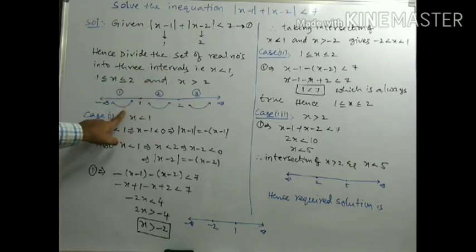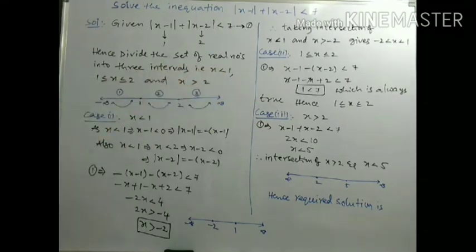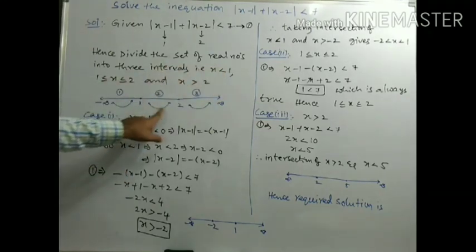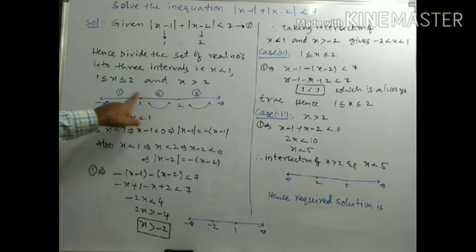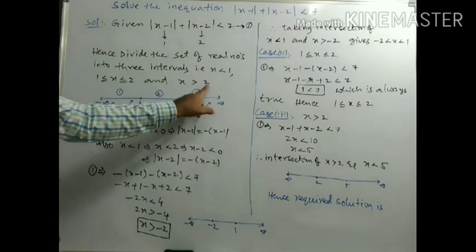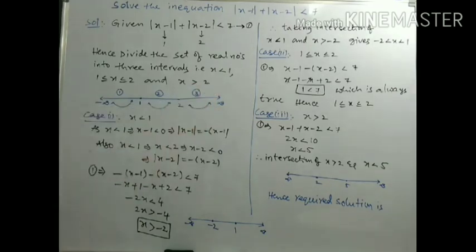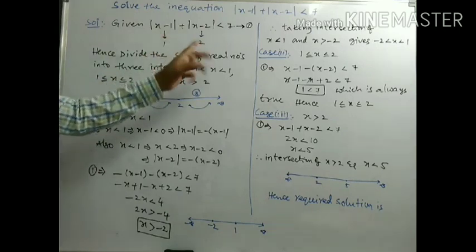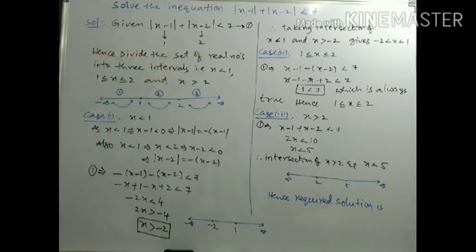This is the first one, which comes under x less than 1. And this is the second interval, 1 and 2 in between, that is 1 less than or equal to x less than or equal to 2. And now x greater than 2, that is the third one, more than 2. So since there are 3 intervals, the problem can be solved in 3 cases. And sometimes we may get a maximum of 3 solutions also.